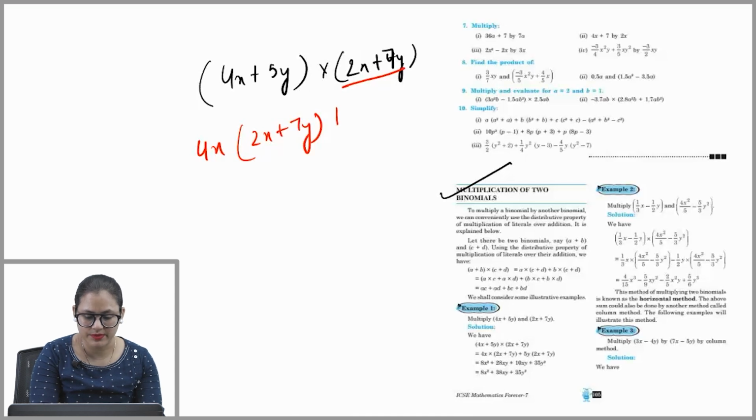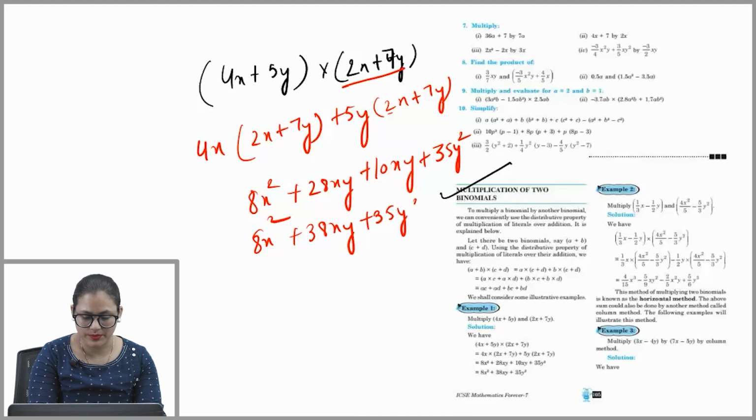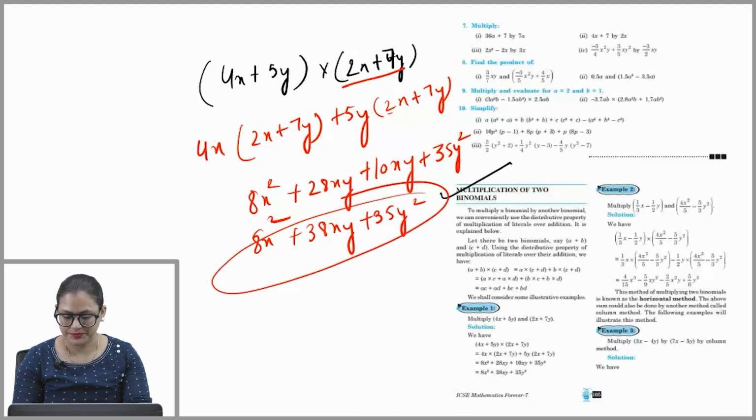Then there is a plus 5y: 2x plus 7y. 4 2s are 8x square plus 4 7s are 28xy plus 5 2s are 10xy plus 5 7s are 35y square. 8x square, 28 plus 10 is 38xy plus 35y square, okay.